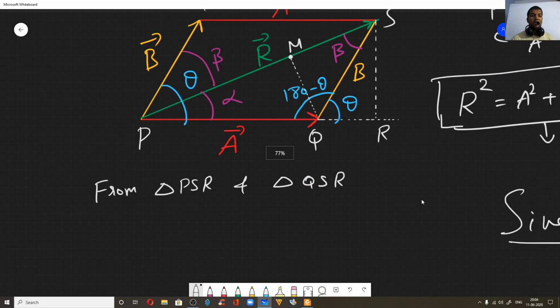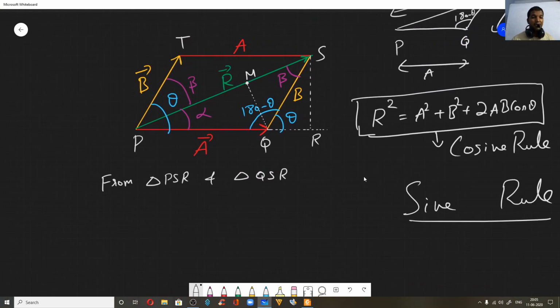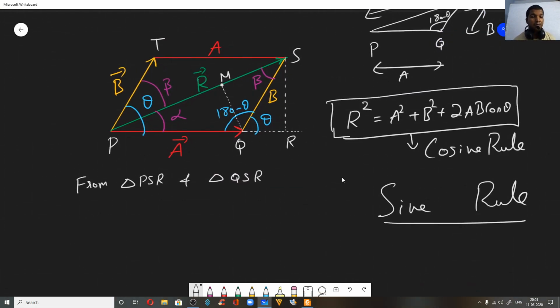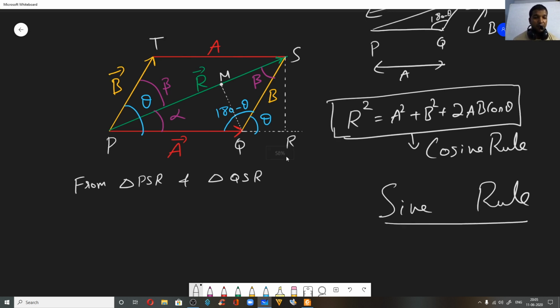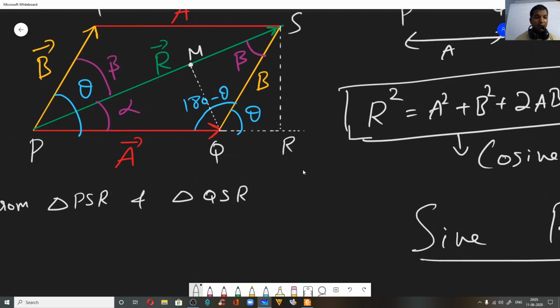Look at these two triangles. From triangle PSR and triangle QSR, which is the common side we have? The common side we have is SR. Now as you all know, we wrote QR as, again I want you to write sin theta and cos theta for this, you'll get it.